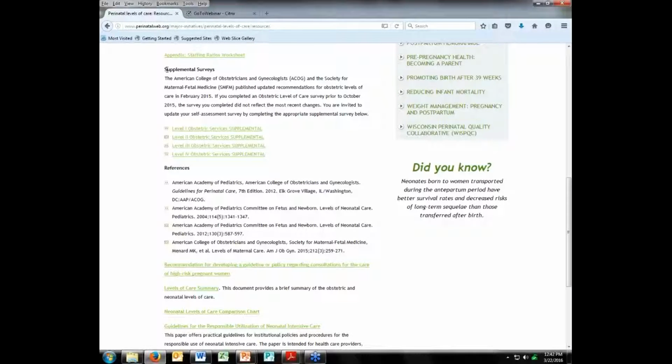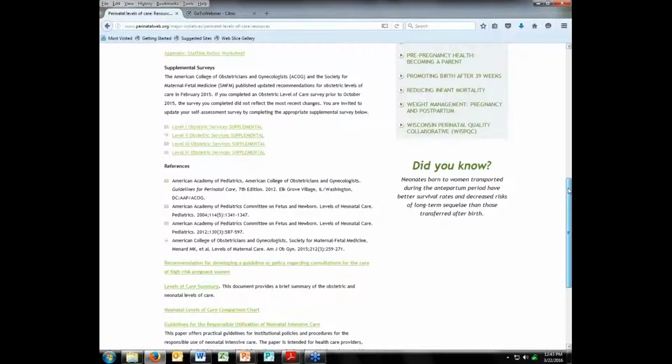So what these supplemental surveys do is they've taken the things that were included in the 2015 document and highlighted those so that somebody who maybe completed a self-assessment survey before 2015 can update their information that way. So if we were to click on these, we would see the exact same self-assessment survey, but we've taken out all the boxes that we don't have to ask again because those were covered in the initial one. And what's left are just the ones, and it's usually the things that are references under Menard, because that's when that stuff came out, and we'll talk a little bit more about Kate Menard.